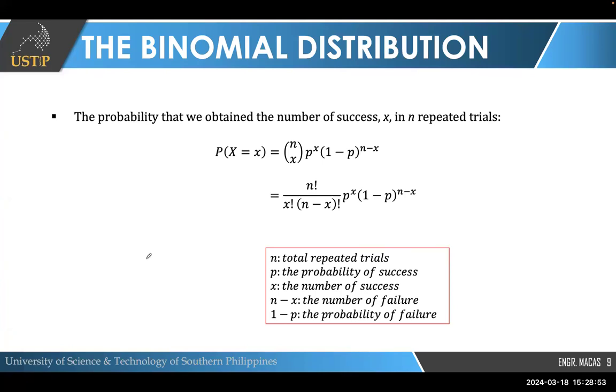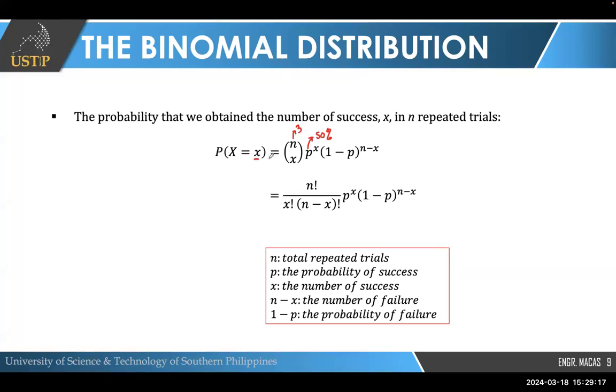I would write it down, but I don't have a pen, so hopefully it is clear. Okay, 50%. So, going back to our example of heads or tails, our n, class, is 3 times that we flip it. Right, 50%. This x means the number of successes.